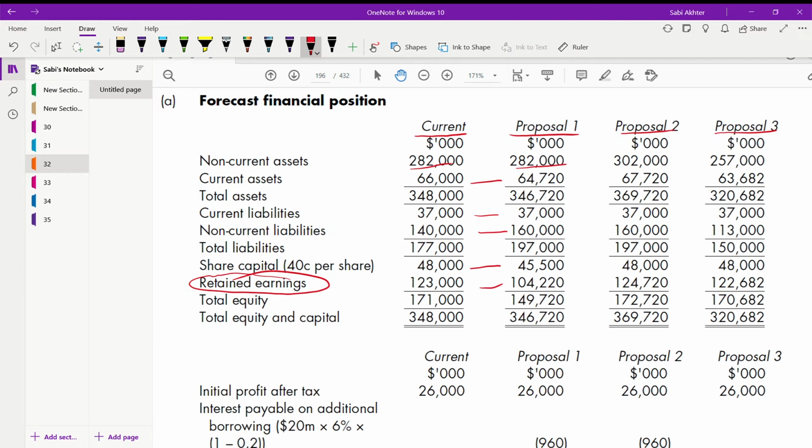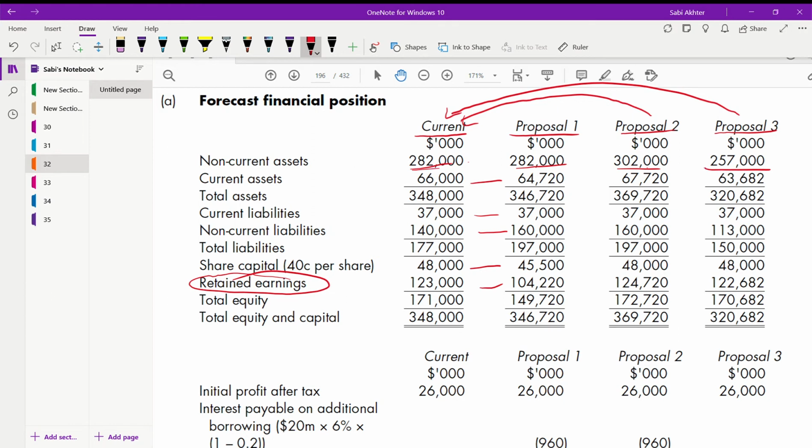In proposal 2, if you see, when you're taking proposal 2, don't compare from proposal 1. You have to compare like this with the current. Then proposal 3, with this you have to compare with the current. So if you can see from 282 to 300 it increased because you're investing in non-current. Here from 282 to 257 it reduced because of the selling of non-current assets.